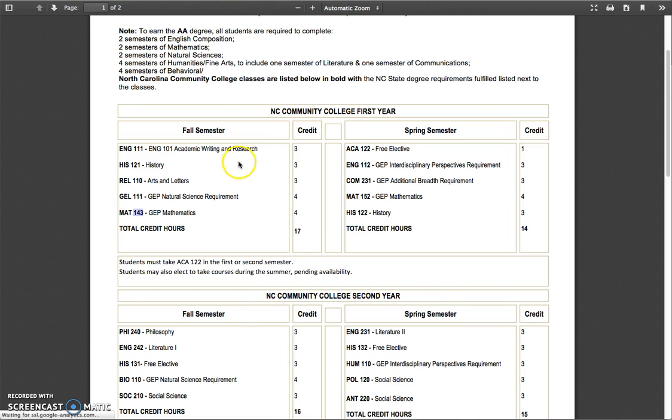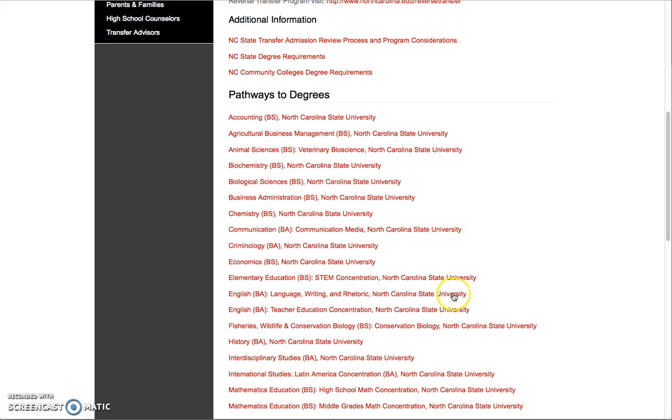Now, one thing that is interesting to see is that there are not some very common popular majors here. There is not electrical engineering or computer science.